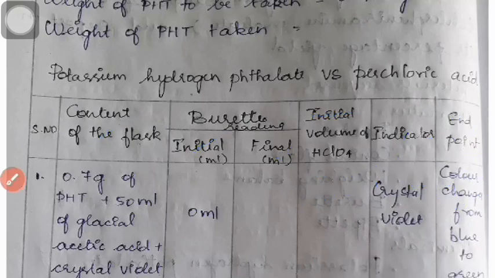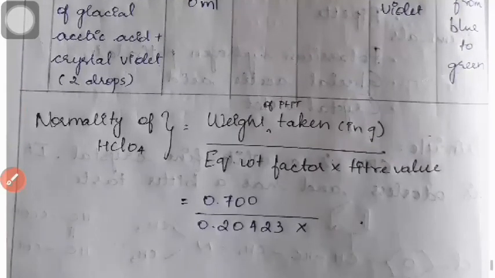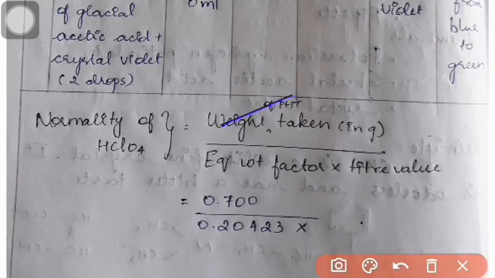This is the calculation part: weight of the drug, equivalent weight factor, and the titer value, which we have to put here for the perchloric acid standardization.